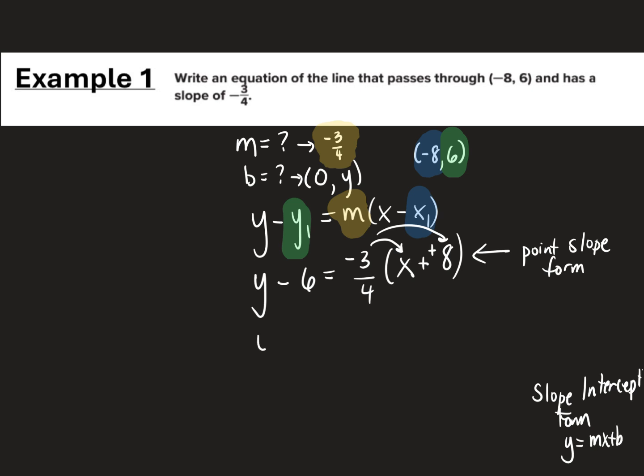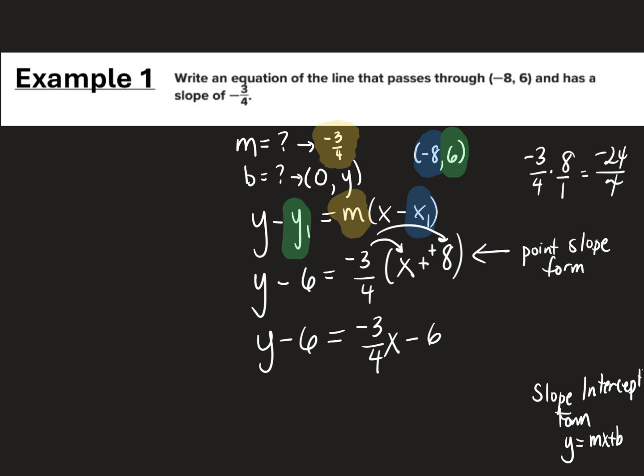I'm going to distribute, keep my y minus 6, -3/4 times x is -3/4 x. -3/4 times positive 8 over 1 is -24 over 4, which is -6.